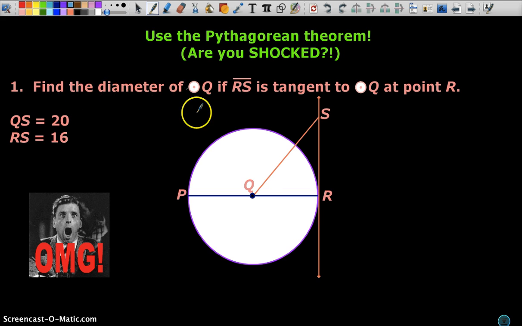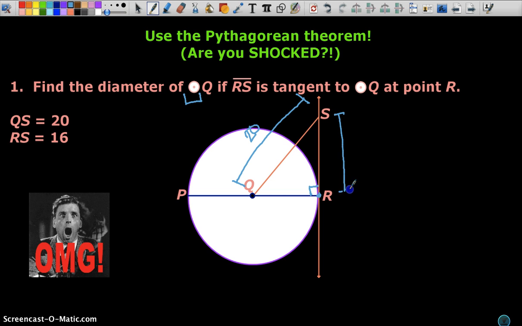All right, so find the diameter of circle Q. Remember that this is how you denote circle, it's the abbreviation. If RS, right here, is tangent to circle Q at point R. So if we know that this is tangent, well, then we also know that this makes a right angle, right? Okay. Then we're given that QS is 20, so we're talking about from here to here, which would be our hypotenuse of our right triangle, and RS is 16.